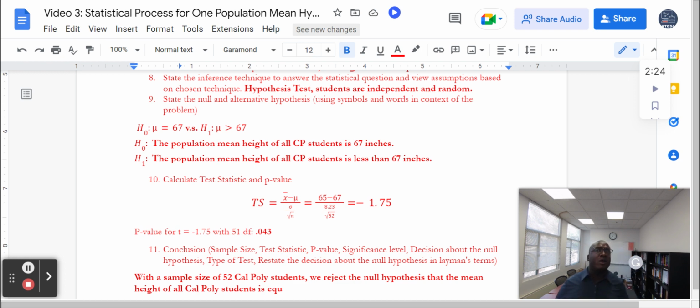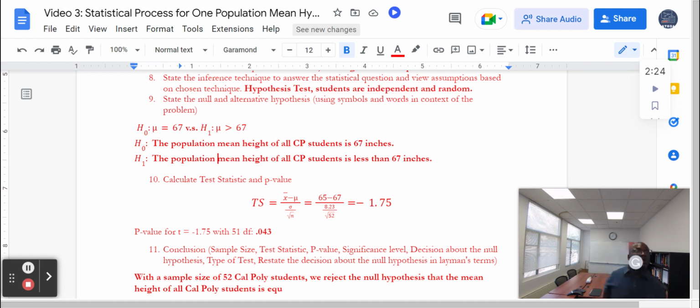And our p-value, as we mentioned in class, tells you the likelihood of observing this sample given the null hypothesis is true. The likelihood of us actually seeing 65 as a sample mean given that the population mean height of Cal Poly students is 67.